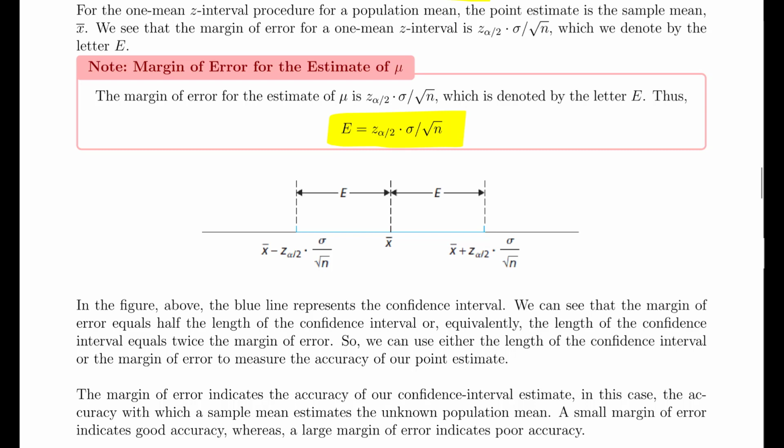Here's our mean of the sample, and we add some number to the right of that, and that takes us to the upper bound of our confidence interval. We subtract the same number from our sample mean, and it takes us to the lower bound of our confidence interval.